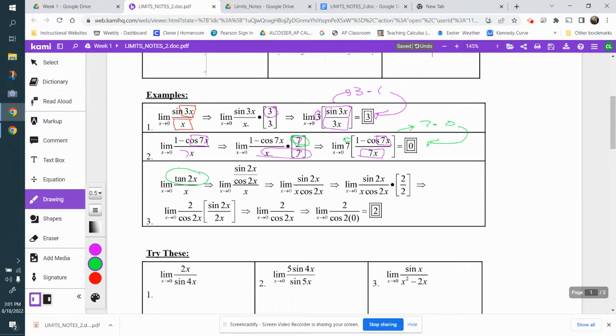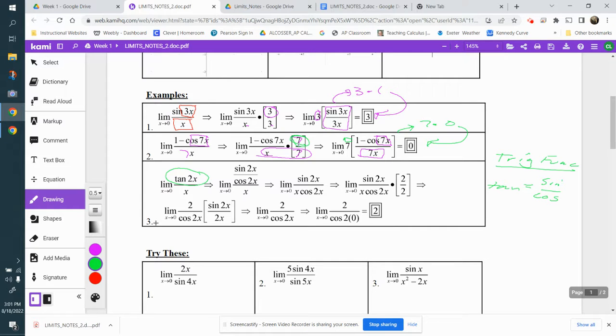I tackle that a little differently. I tackle that like this. I have to change tangent into something. And so one of the trig identities is tangent is equal to sine over cosine.